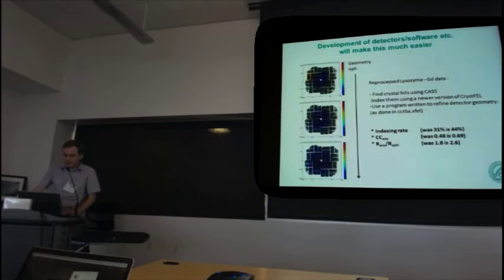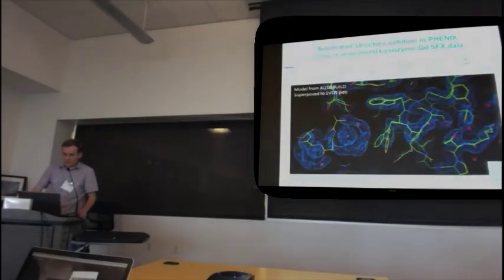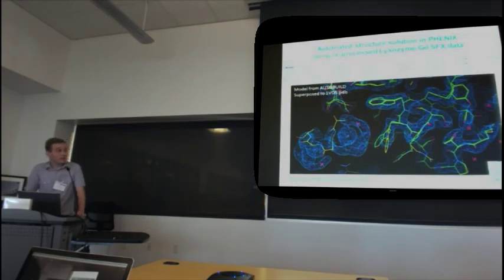For example, when we reprocessed the lysine gadolinium data using optimized detector geometry, we found we could improve the indexing rate by quite a lot, and also the CC-ano improved, and R-split over R-ano, which led to the possibility of this time automated phasing in Phenix. So we will try to get to this step tomorrow during the tutorial.